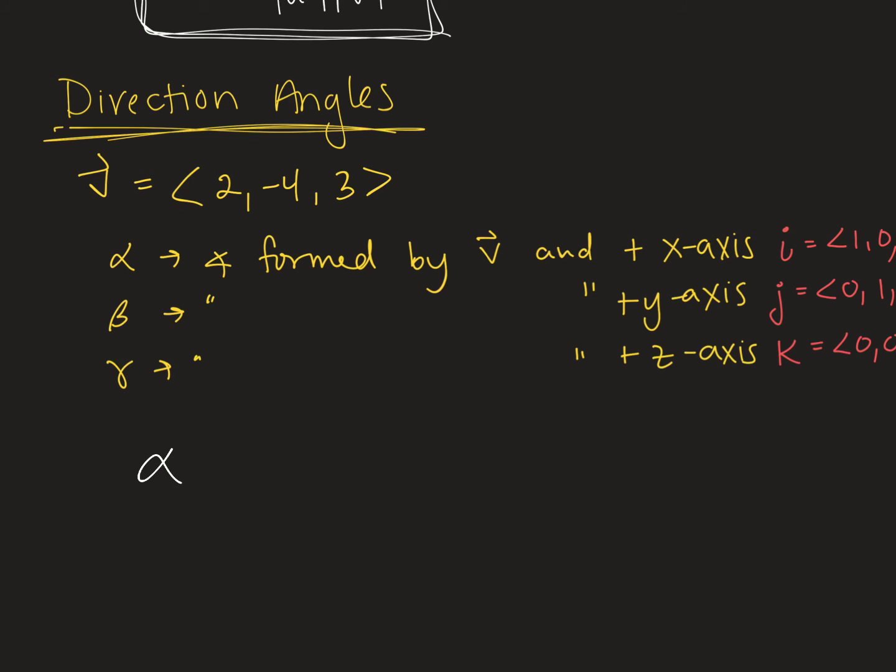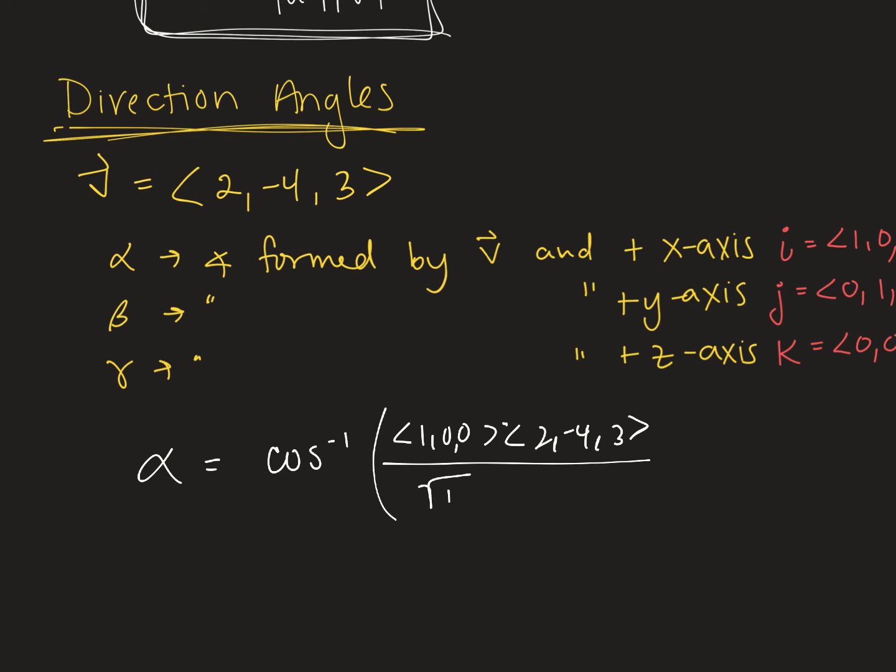Alpha is cosine inverse of u dot v, so that's 1, 0, 0 dot 2, negative 4, 3, divided by the magnitude of u, which is 1, times the magnitude of this, 4 plus 16 plus 9, which is 29, so the square root of 29.